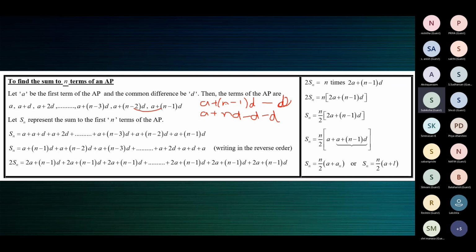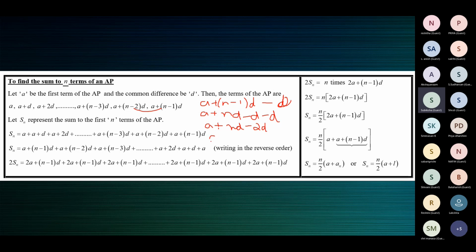A as it is, n into D is nD, minus 1 into D is minus D, minus D. So this will be A plus nD minus 2D.